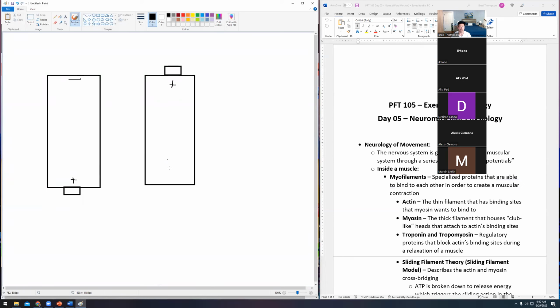So positive and negative. And what's going to happen is this stuff is going to want to interact. This wants to go to here. This wants to go to here. So what's happening is that electrons are basically bouncing back and forth between these over and over and over and over. Those electrons are just passing back and forth, trying to stabilize, because again, nature wants to even things out.